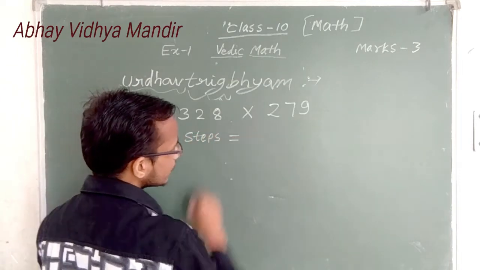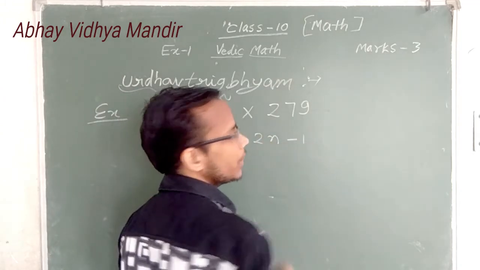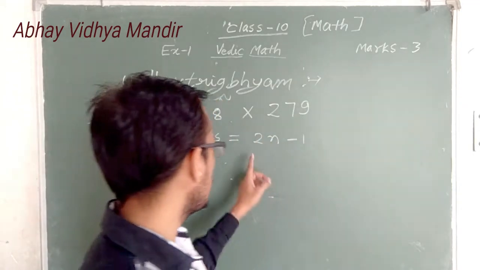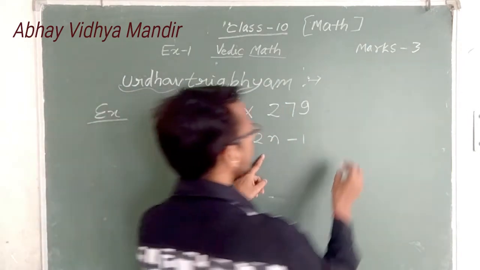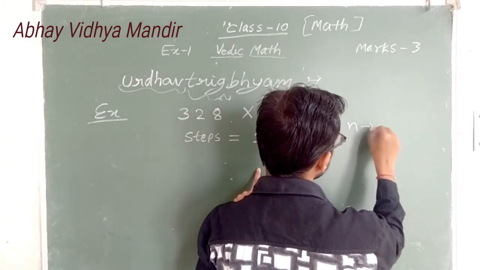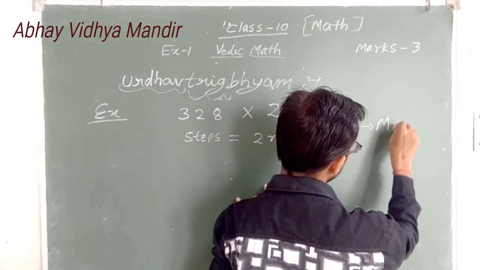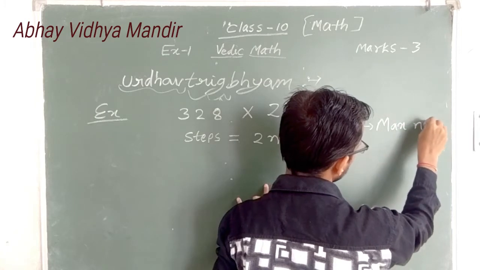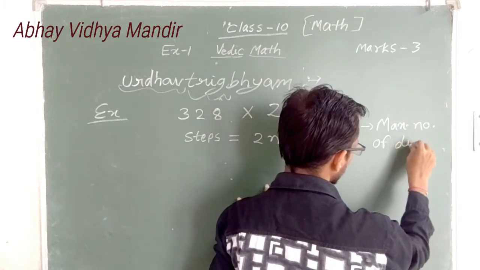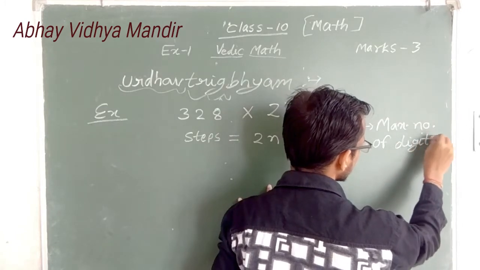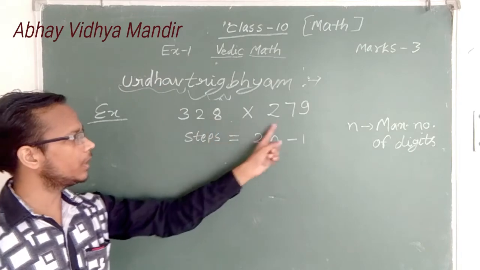There is a formula for this: 2n minus 1. Here n is the maximum number of digits. How many digits are here? 1, 2, 3, 1, 2, 3.